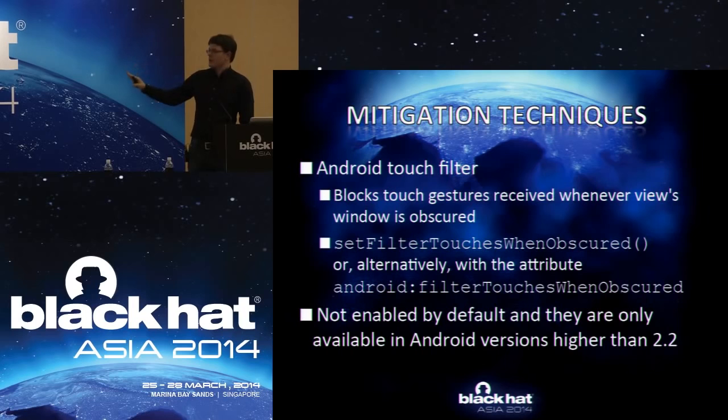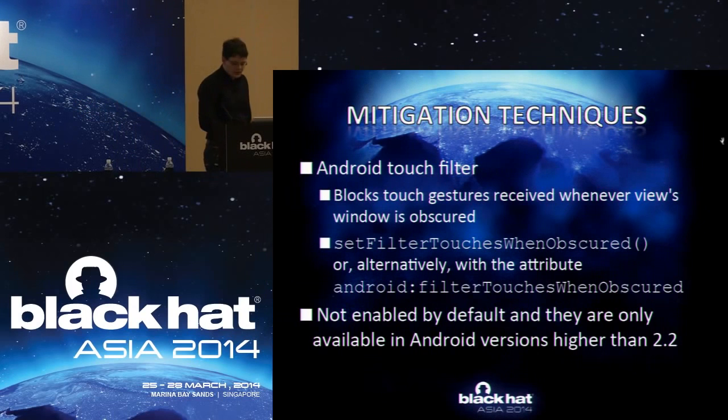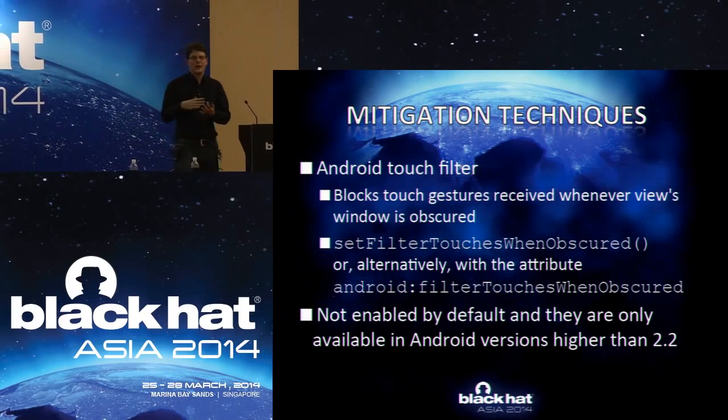Well, there exists one countermeasure. This countermeasure is called filter touches when obscured, which means if you use this attribute or method for your button, this button will block touch gestures which have layers over them, so which are, for example, not visible to the user.